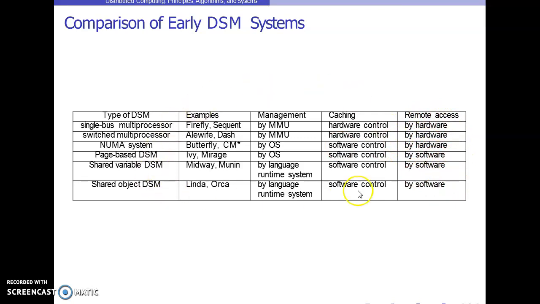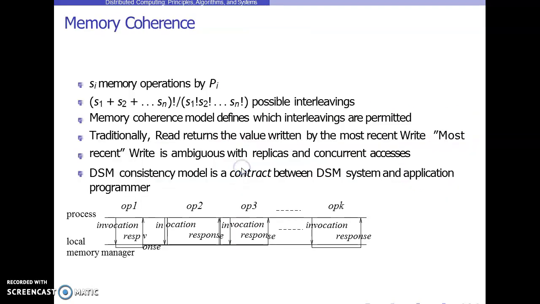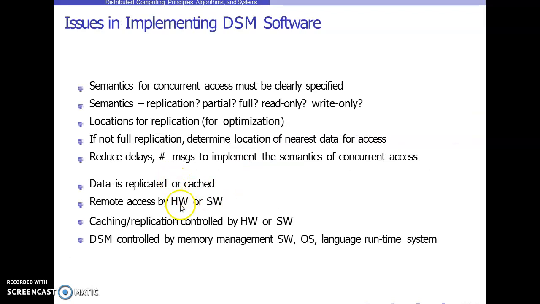So all of these are classified by these four factors: accessing data, remote access, caching and replication, and the DSM control factor.